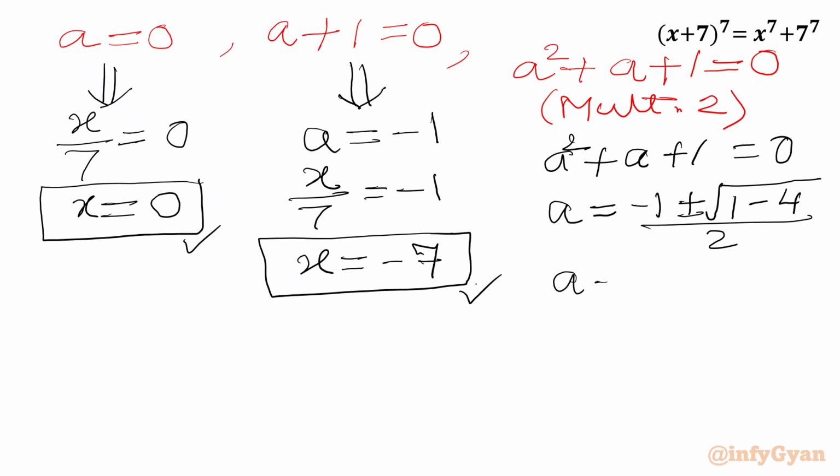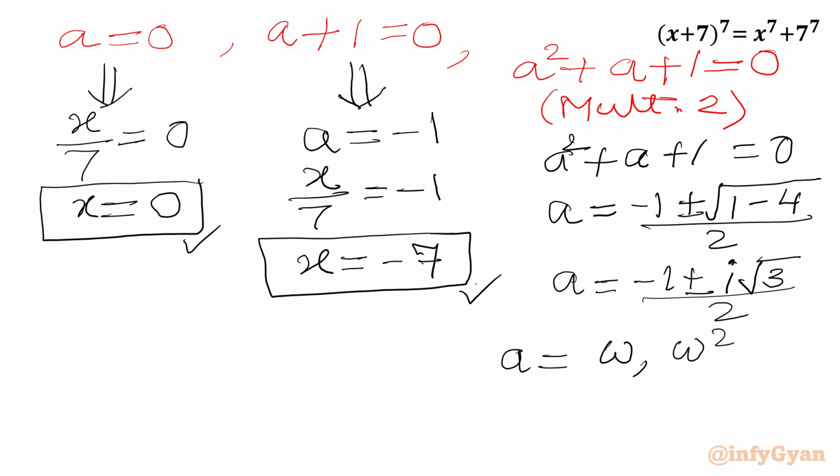We will write here a will be equal to negative 1 plus minus square root of 1 minus 4, which is minus 3. Square root of minus 1 is i. So we will write a is minus 1 plus minus i square root 3 over 2. So we have two complex values which we can write in terms of omega also. So here we can write omega and omega square.